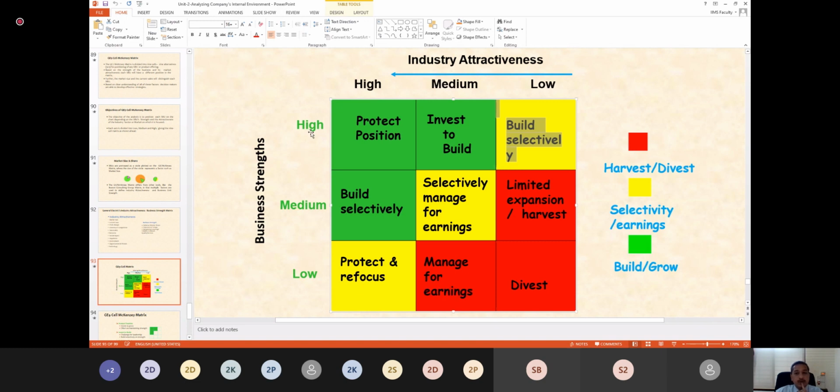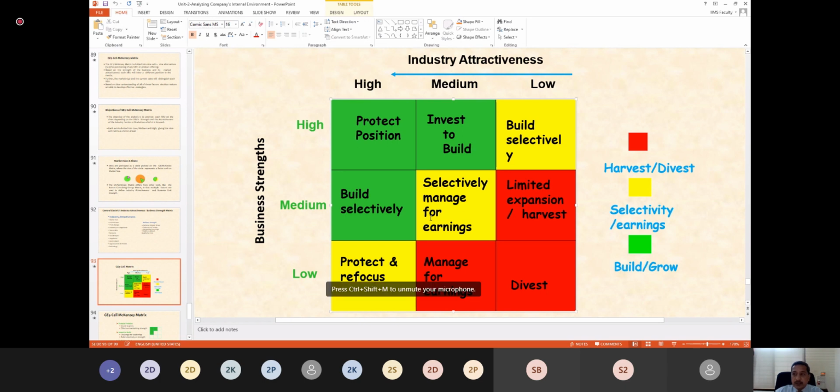So here also we can give a thought and build selectively, investing into few businesses which can reap earnings for the business. So here in the yellow zone also you will be able to see we have either moderate strength and industry attractiveness.